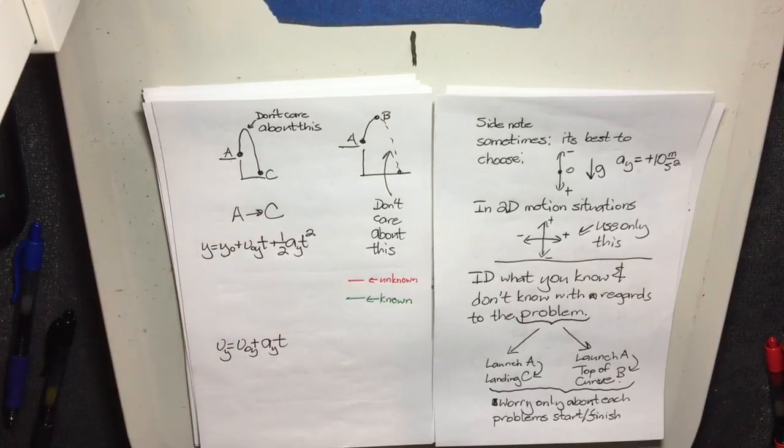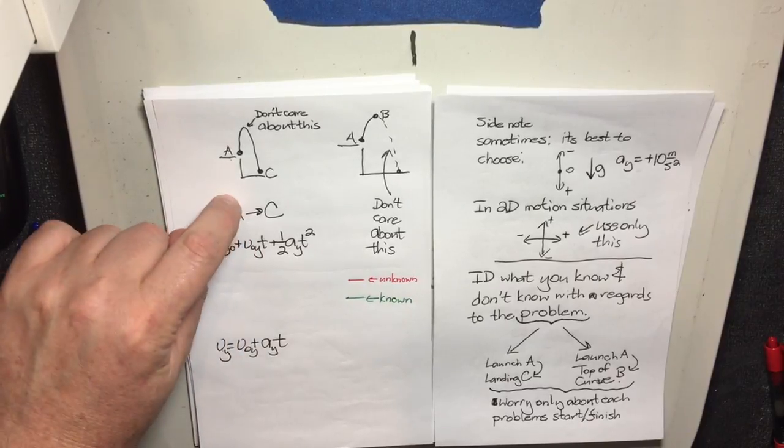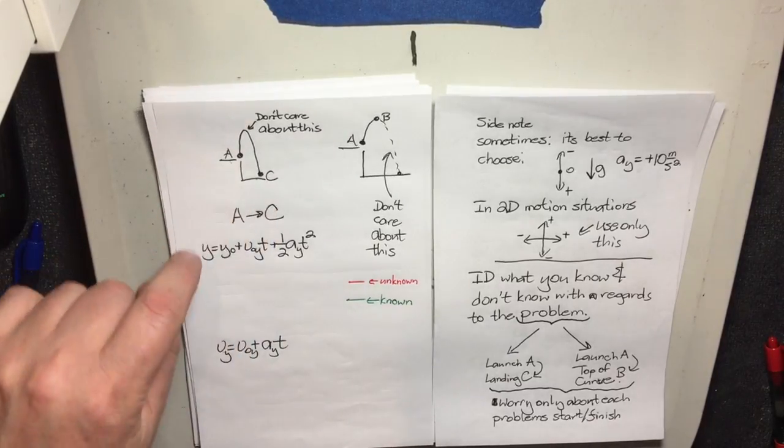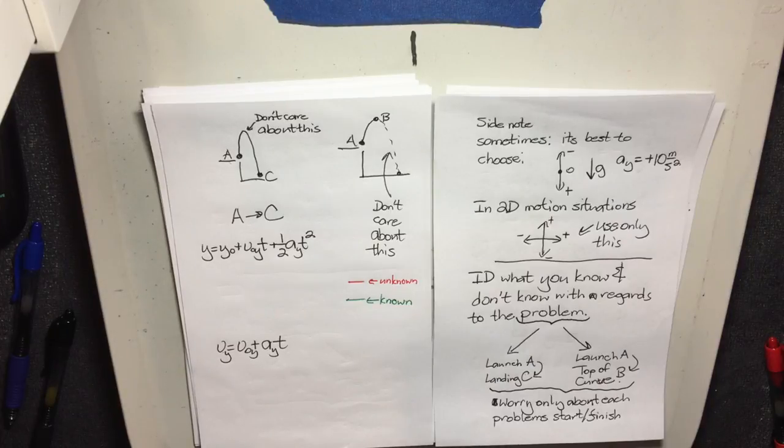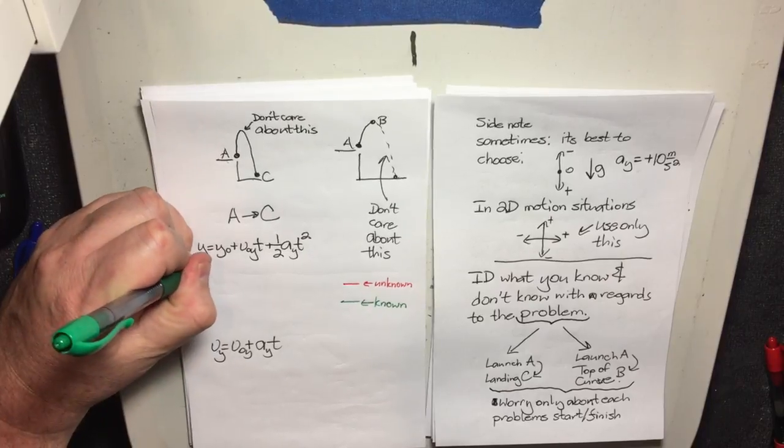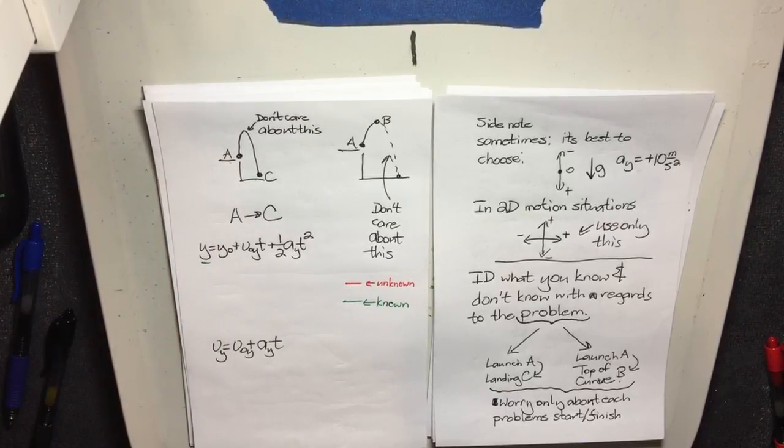At the beginning, A, at the end, C. Do I know the final coordinate of the motion? Yes or no? Yes, it's 0. Do I know the initial coordinate? Yes, it's 100.